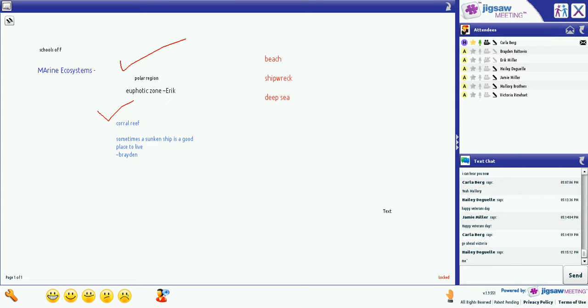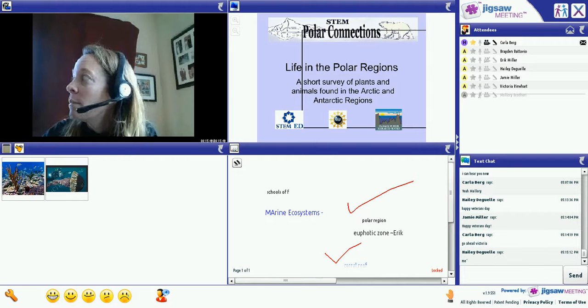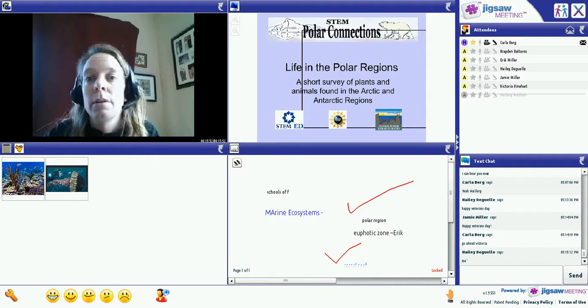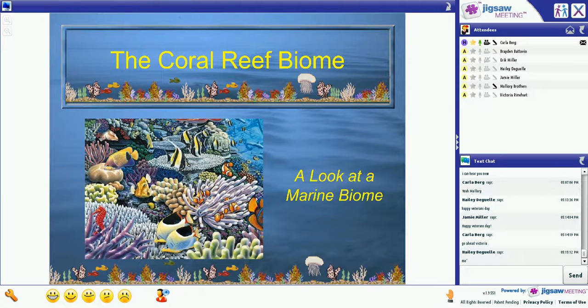So we're going to look at marine ecosystems today. We are going to start by looking at the coral reef. So coral reef biome or ecosystem. Here's a little picture of a coral reef.